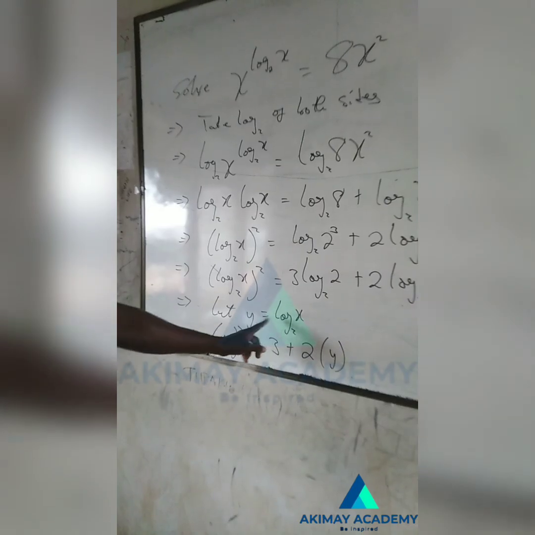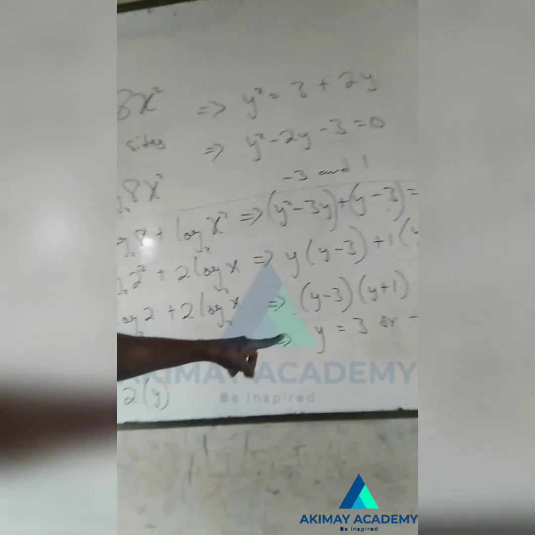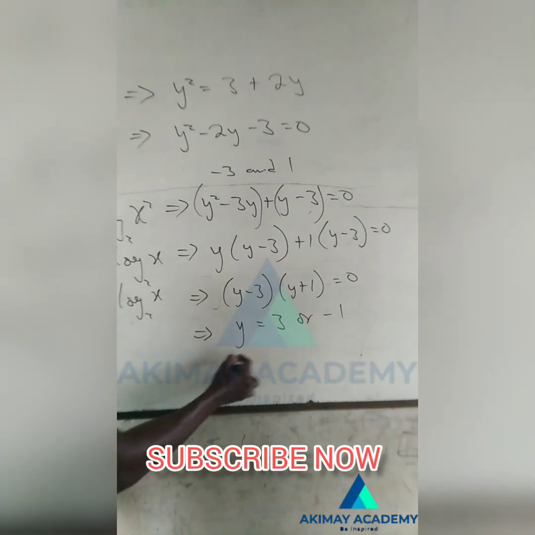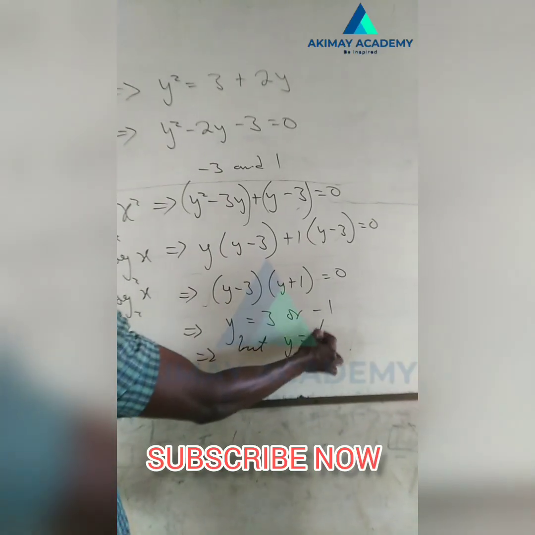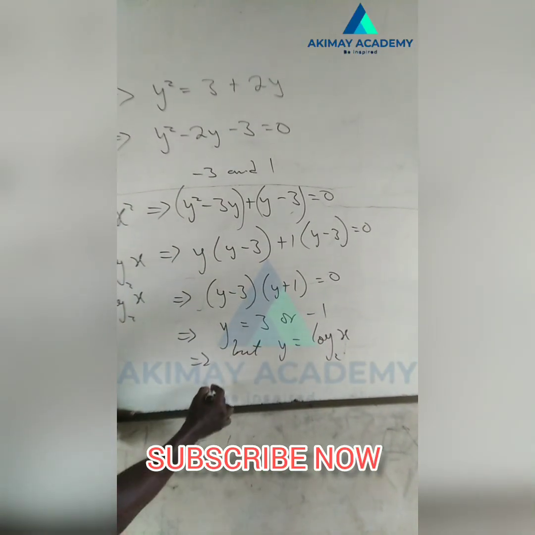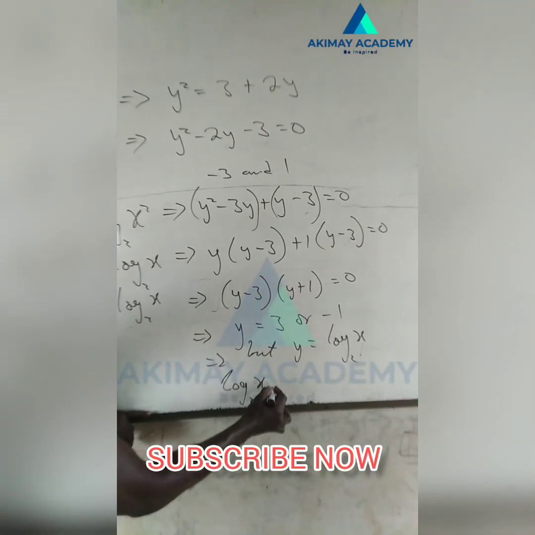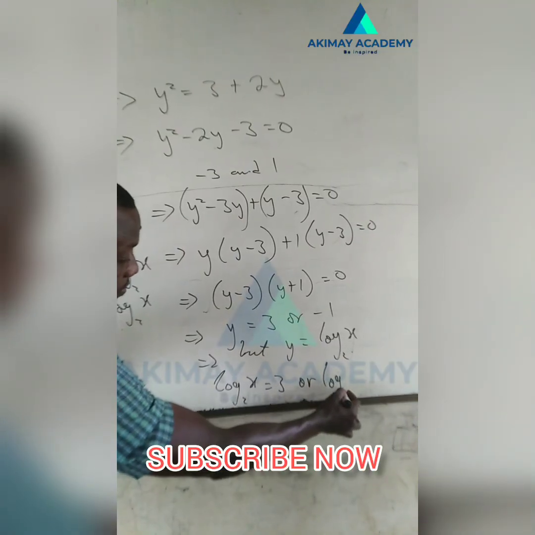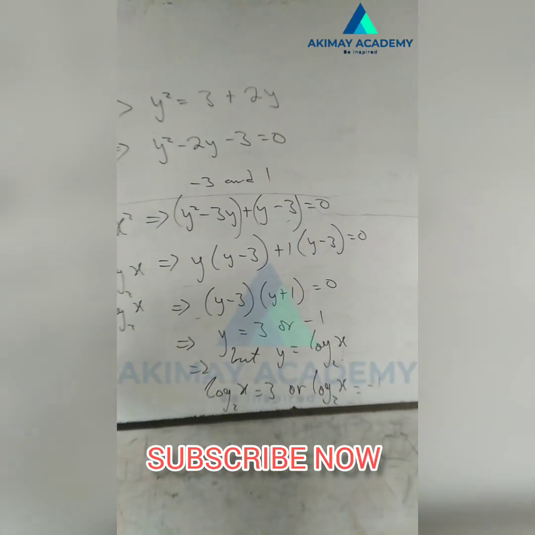As you can see here, y is equal to log x to the base 2. So over here we can substitute our y back. So it's either log x to the base 2 equals 3 or equals negative 1.